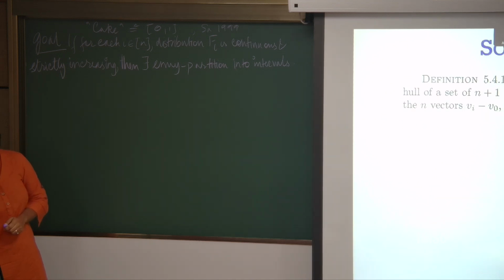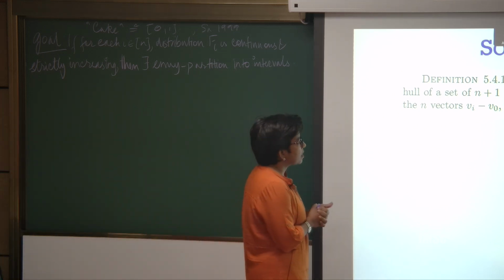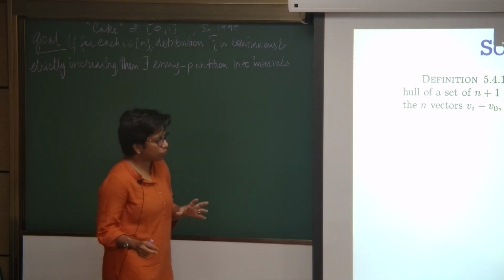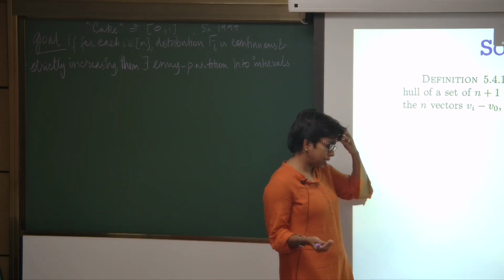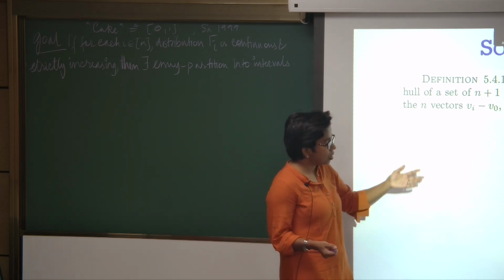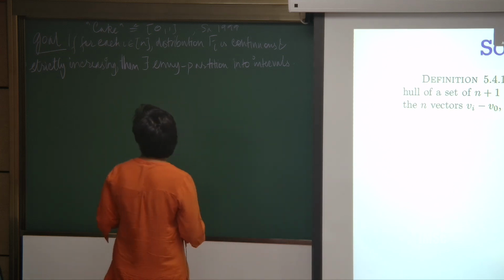Okay. So, let us just briefly recall, we said that a simplex, an n-simplex, is a convex hull of n plus 1 points in Euclidean space R^n. So, if you are confused at any moment, go back to a triangle.